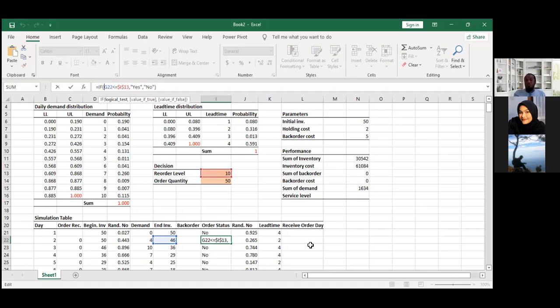So here we need to check in this period: did we place an order before? In order to check, we can refer to the receive order date. So here we use AND logic.